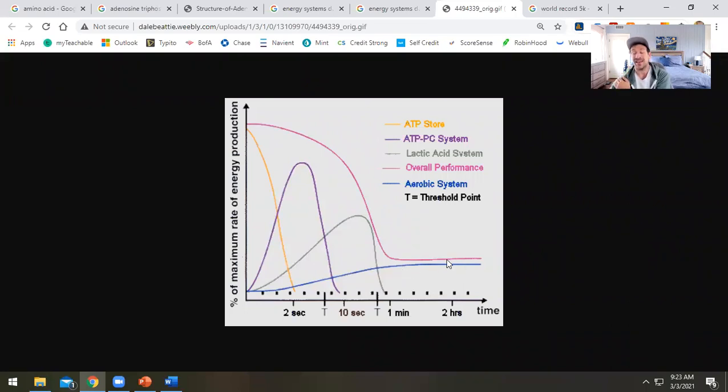I mean, don't get me wrong, 4 minutes a mile is crazy fast, but it's not crazy fast compared to a 400 meter dasher. And it's certainly not crazy fast compared to a 100 meter dasher. And then it's really not fast compared to a 40-yard dasher. So that's what we're looking at, intensities here.